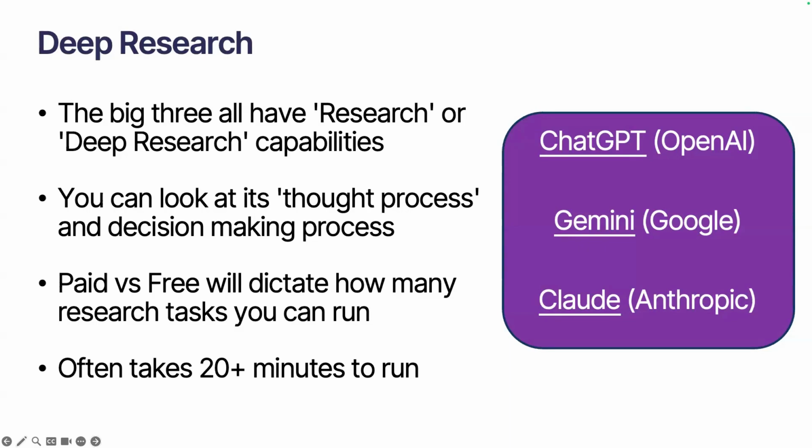We enter a prompt and then we dictate how that AI searches and where it searches, and then we get an output back. But all three of the big AI tools also have this agentic search, which is sometimes called deep research or sometimes just called research.